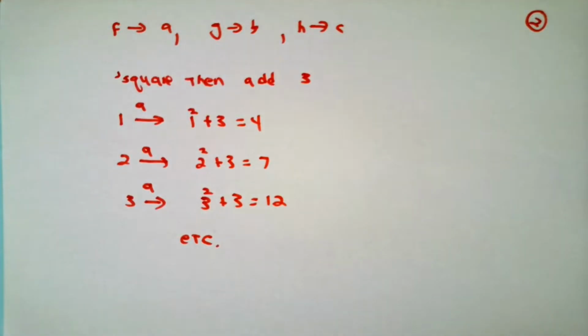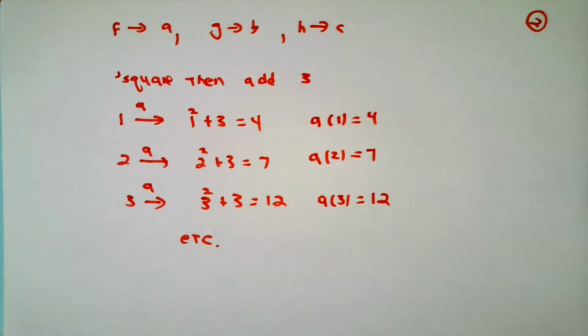So thinking of the square then add 3 procedure, I could think of taking 1 or 2 or 3 and so on, and feeding it through that process to get the output of the functions. If we were to use the usual notation, we could write this in the same way as for the f or g or h versions.